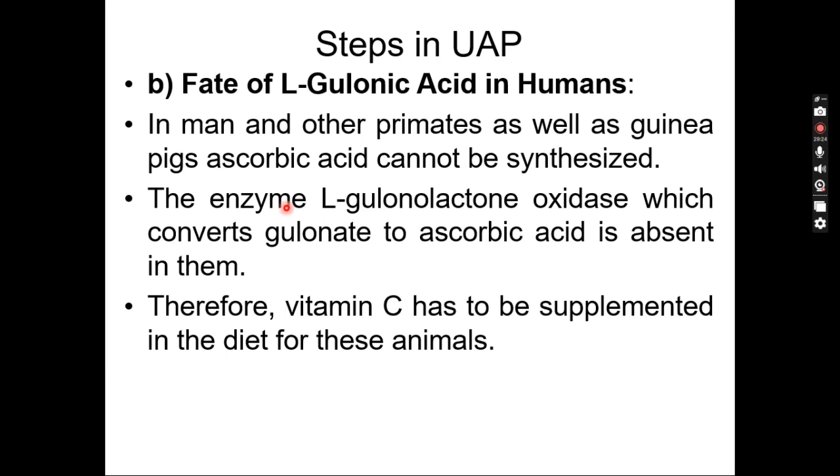This is because we lack this enzyme, the L-gulonolactone oxidase, which converts gluconate to ascorbic acid, and this is because the enzyme is absent in humans. So vitamin C, we can only take it as a supplement through diet or just being given.